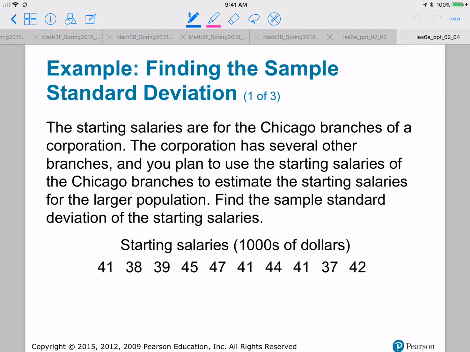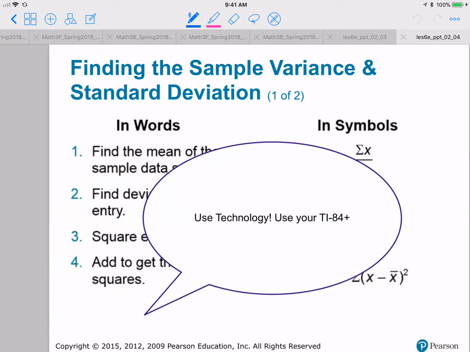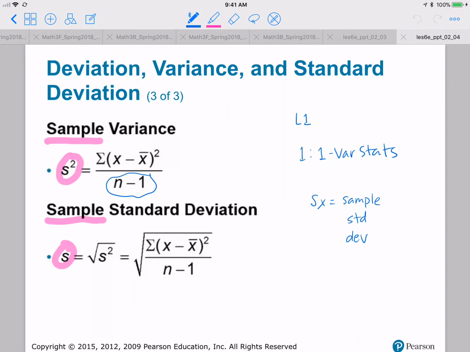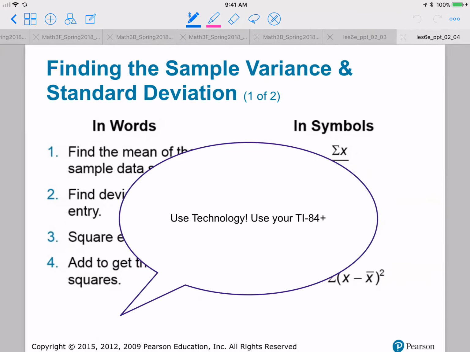Let's see here. Practice with this example here. You should not need to do anything different in your calculator because the data entries should still be in your list L1, and the only issue should be scrolling down with your 1-Var Stats and looking at Sx instead of sigma x.